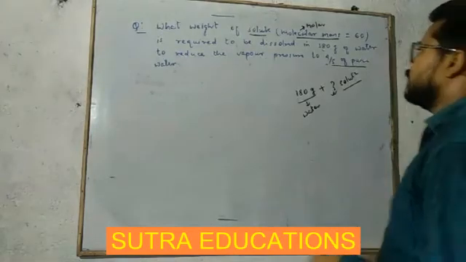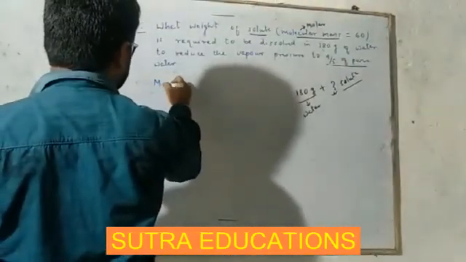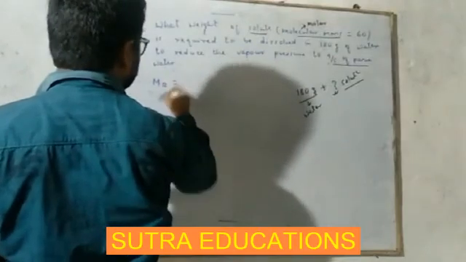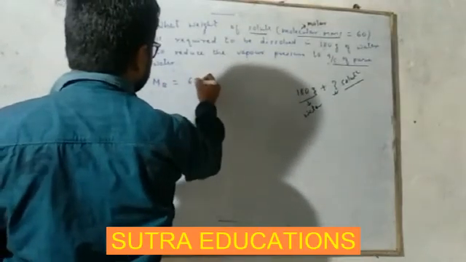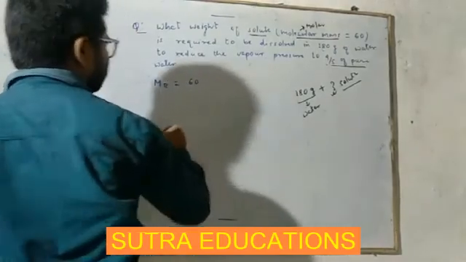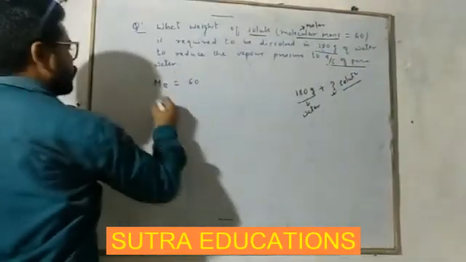So what weight of solute? Means we have given MB, the molar mass of solute, equal to 60. Then it is water, and 180 gram of water is given. Water is the solvent here.